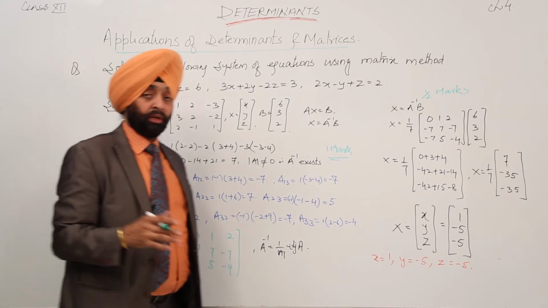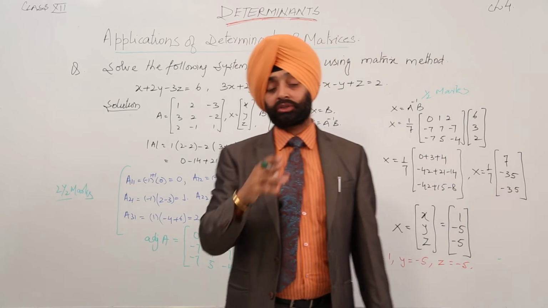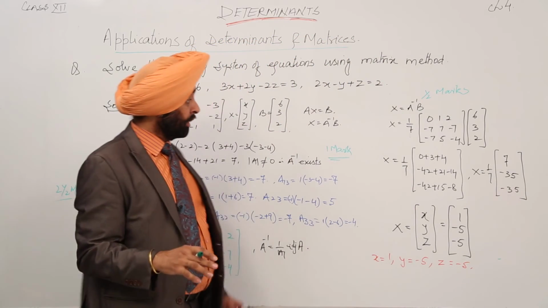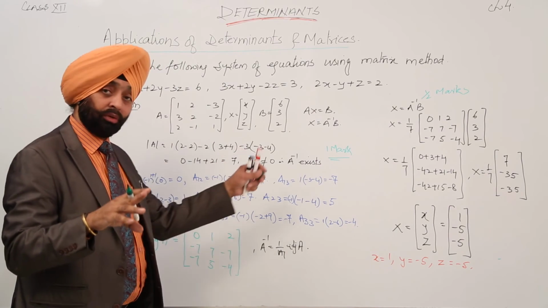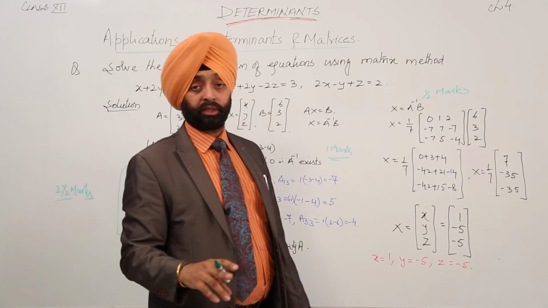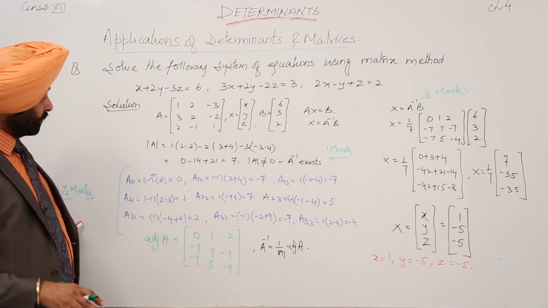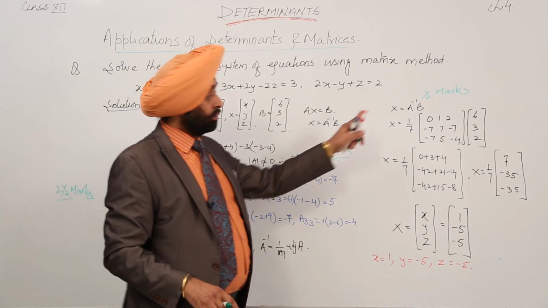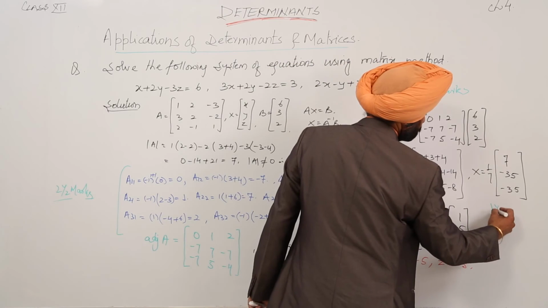Remember, for 3 correct cofactors 1 mark is awarded, and for 6 correct cofactors 1.5 marks are awarded. If 3 cofactors are correct and the calculation part is okay with the whole question, then your answer will also be correct. So 2.5 marks for all the cofactors, 1 mark here, 1.5 marks here. Then for this calculation part 1.5 marks.